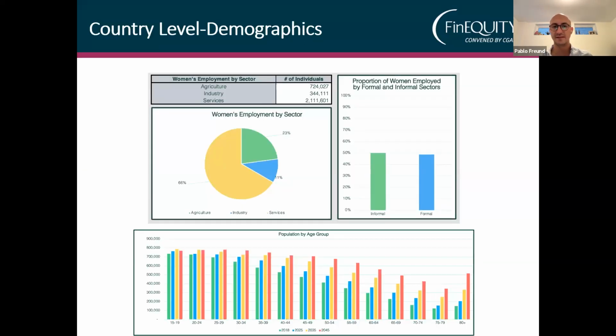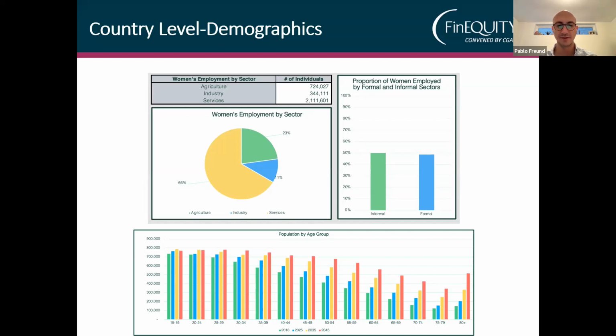So our tool is really based on geography-specific indicators. It starts by populating when you select a geography, and in this case, I picked Ecuador, my country of birth, to give the example.